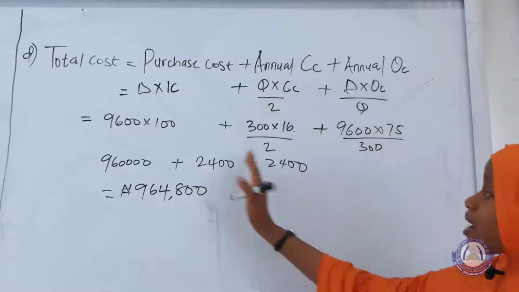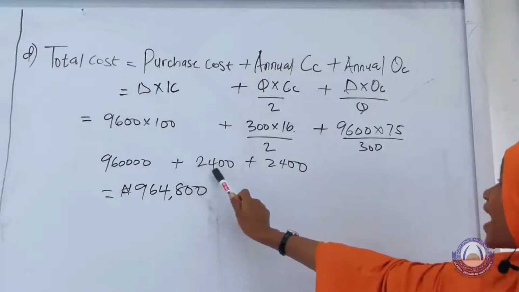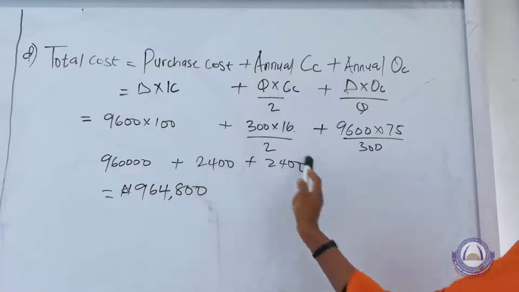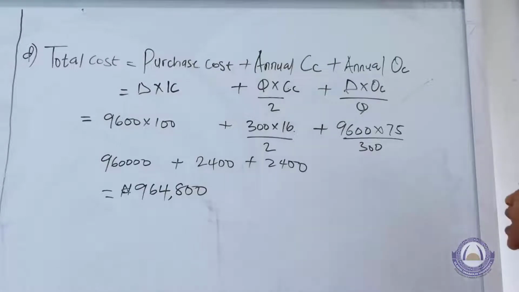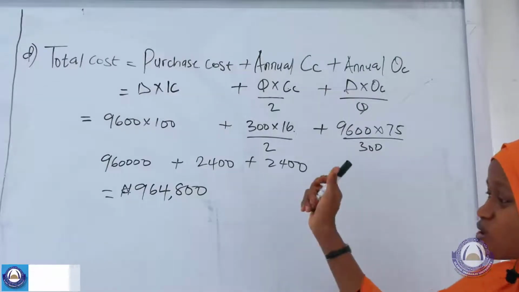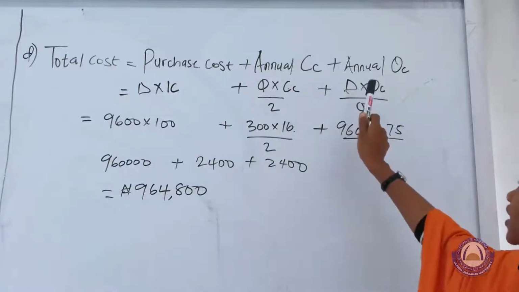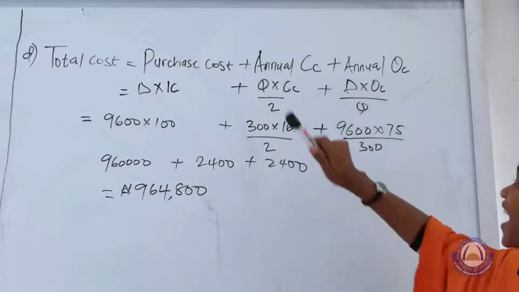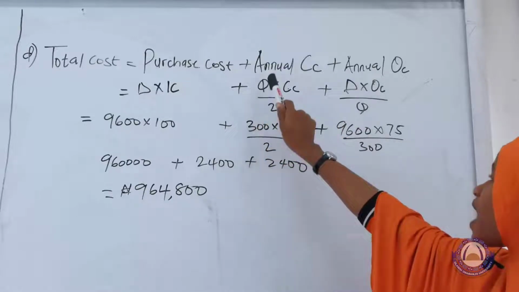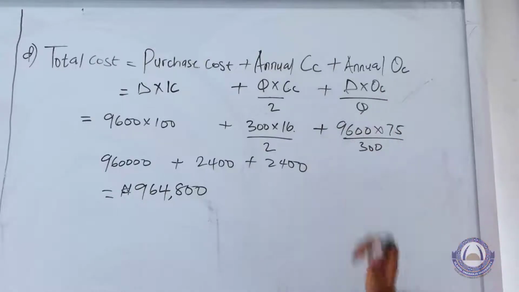So we substitute our values in this formula, and at the end of the day, you can see that our annual carrying cost equals our annual ordering cost. So that's the logic of the EOQ: it is that quantity, our Q, at which our annual carrying cost equates to our annual ordering cost.